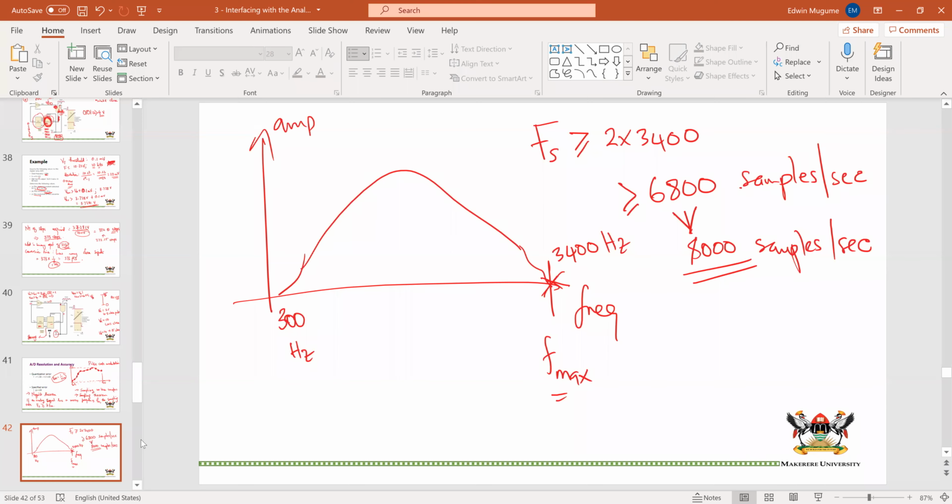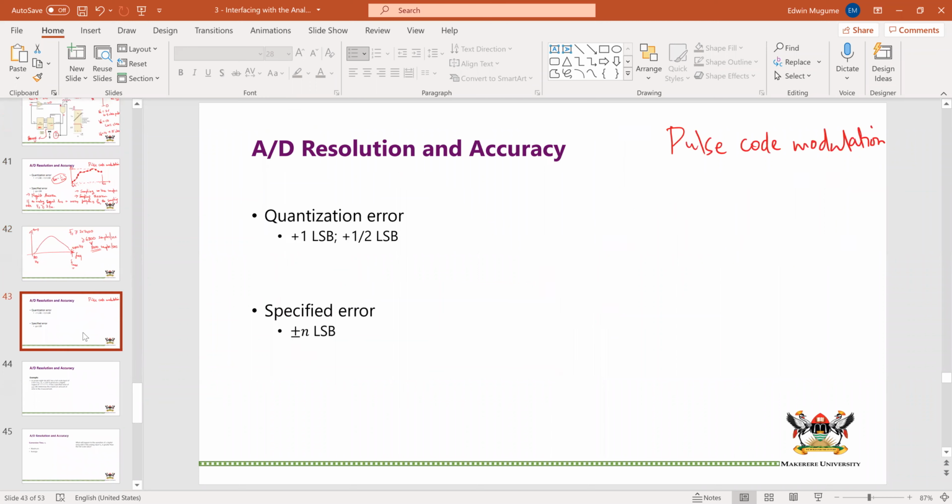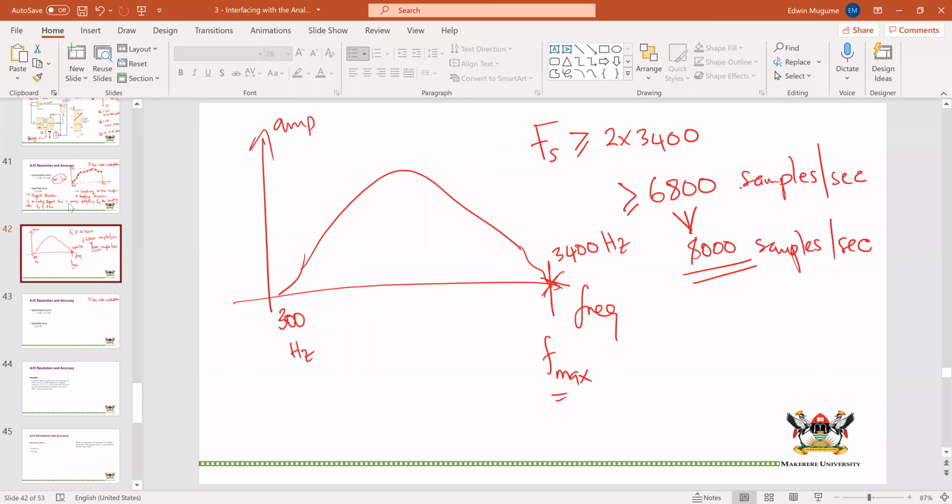We are going to see that the higher the sampling rate, obviously it has an effect, and I'm going to describe what kind of effect that is, but make sure that you sample at least twice the frequency of the signal.